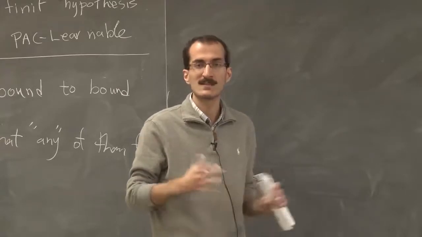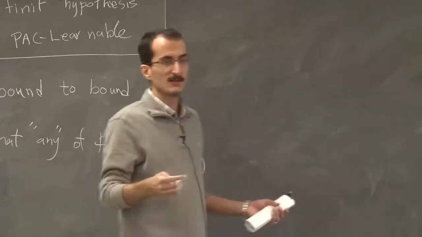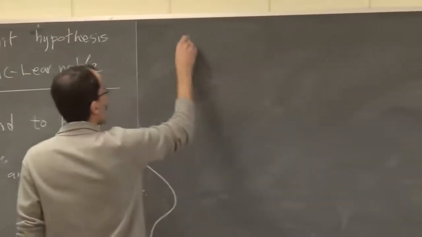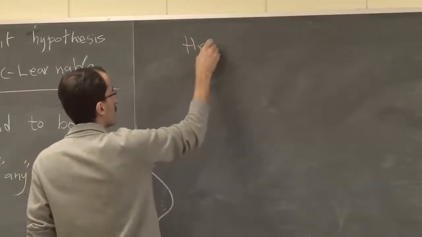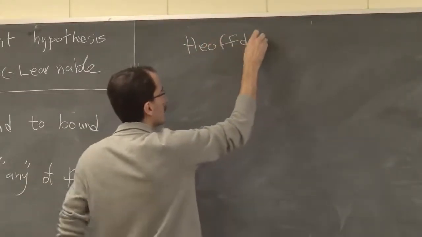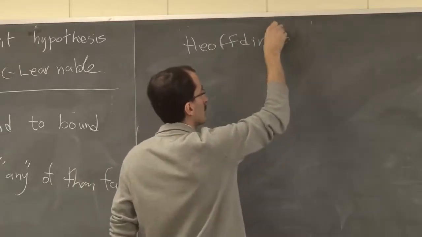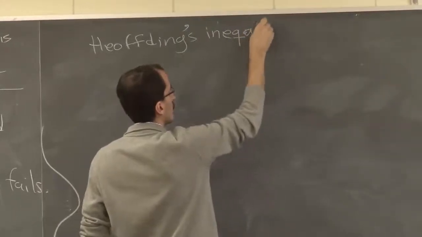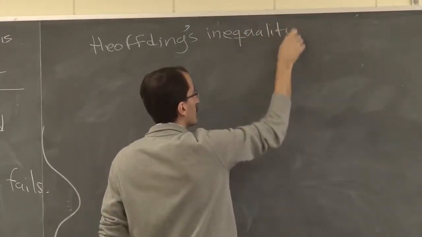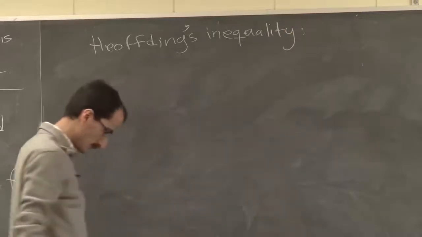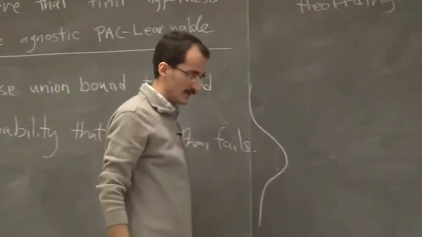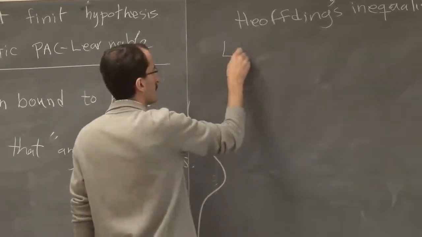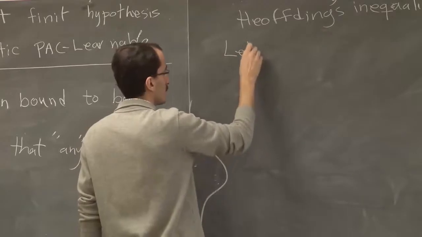So they are called concentration inequalities. One of them that we use here is Hoeffding's inequality. So let's have some random variables.